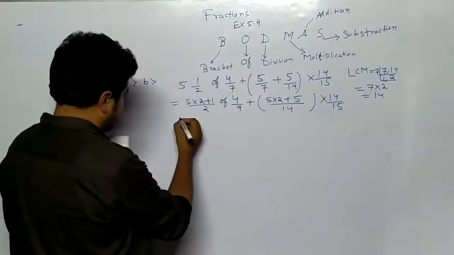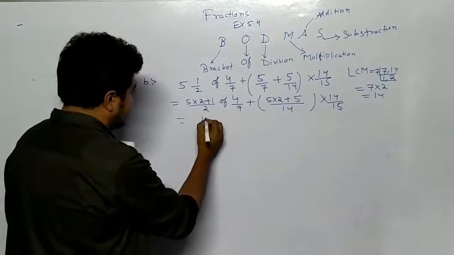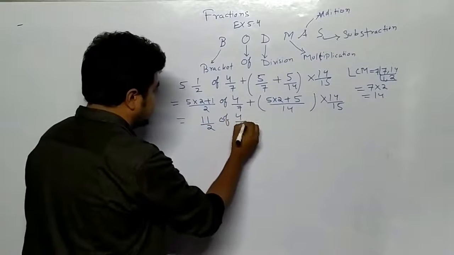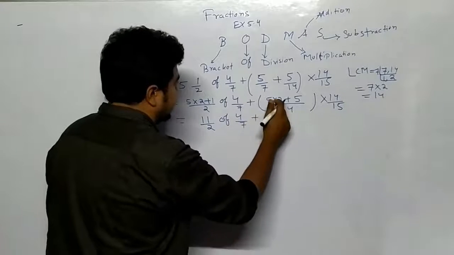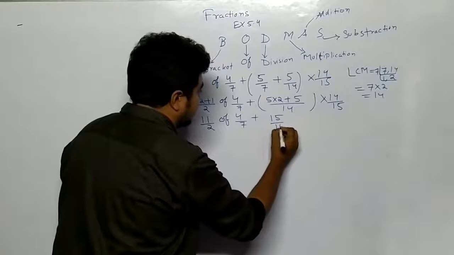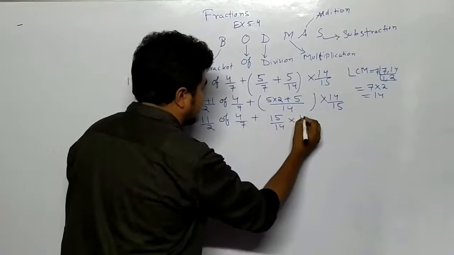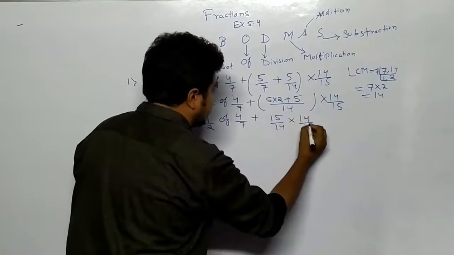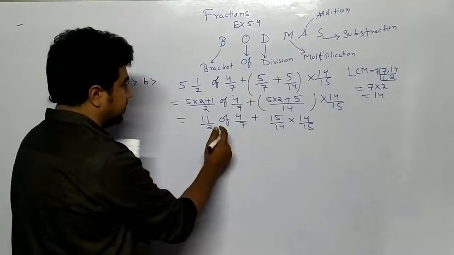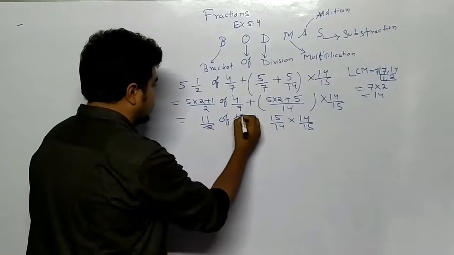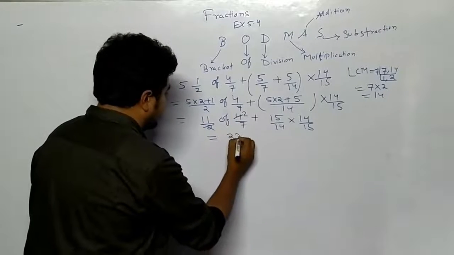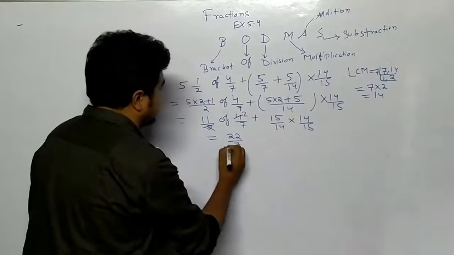From here, again you can calculate: 11 by 2 of 4 by 7 plus, this is 10 plus 5 is 15, 15 by 14 into 14 by 15. Now the of sign means only multiplication you have to do. 2 2's, 11 into 2 is 22 by 7.